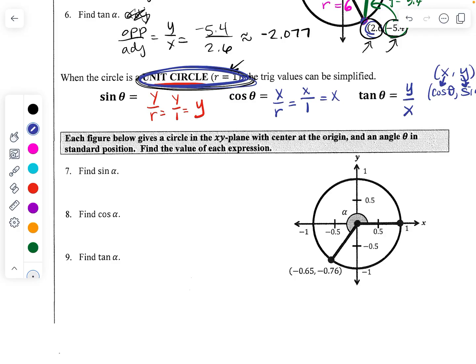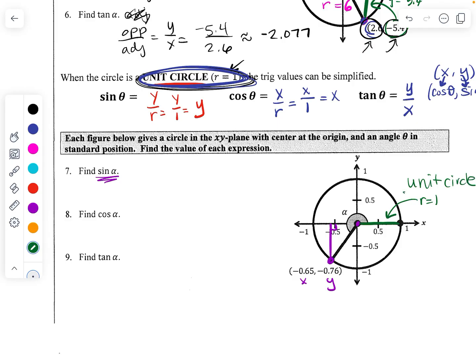All right, let's find these last 3, and then we'll be done. The figure below gives you the center, the origin, and the angle. So let's find the sine of angle A. So here's our sine. If I bring this up and over, remember that this is our x comma y, and this here confirms that our radius is 1. Therefore, this is a unit circle.